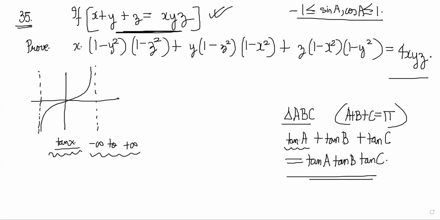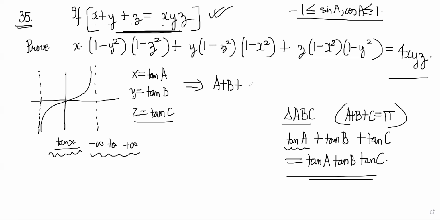Also, right now what we are getting is, if I take x as tan A, y as tan B and z as tan C, I'm getting a relation: tan A plus tan B plus tan C is tan A tan B tan C, right? Yes, sir. Which tells us that the angles A plus B plus C must be pi then. Why?